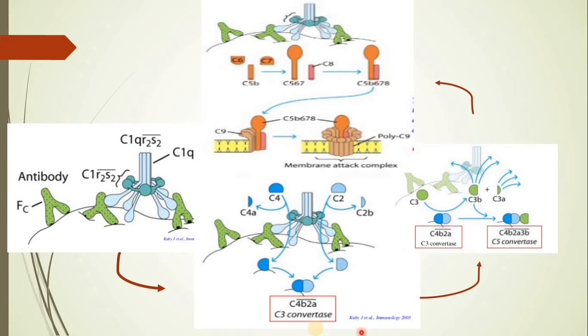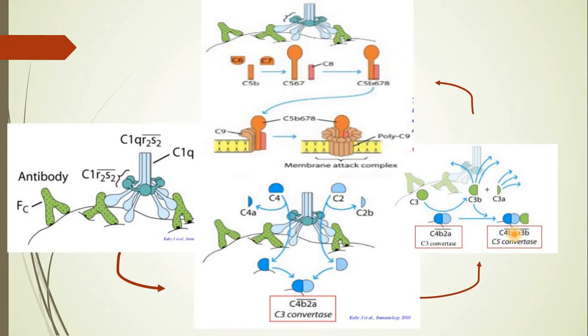Therefore, now it will have C4B2A, and it will also have a combination of C3B with it. Therefore, it will form a new enzyme which is called C5 convertase.